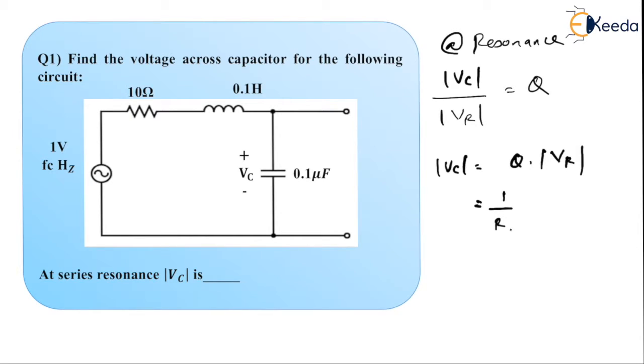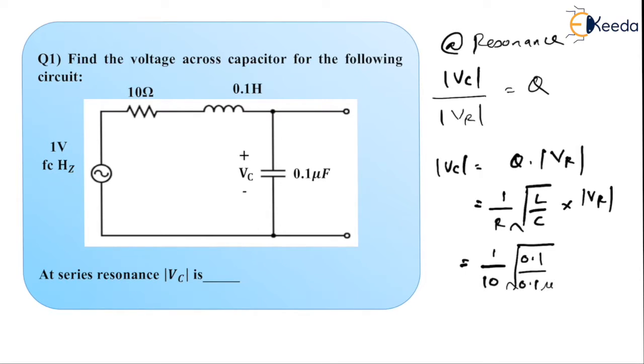It is 1 upon R under root of L by C times magnitude of Vr. Let us substitute all the values now. 1 upon R value is 10, the value of L is 0.1 and the value of C is 0.1 microfarad, which is you have to replace micro with 10 to the power minus 6 into, let's talk about Vr.